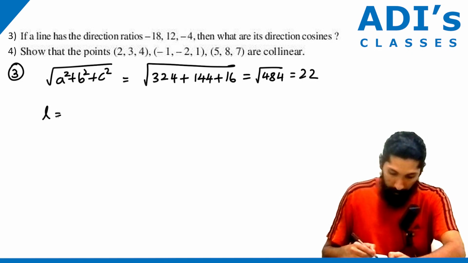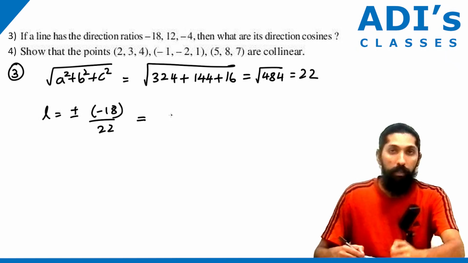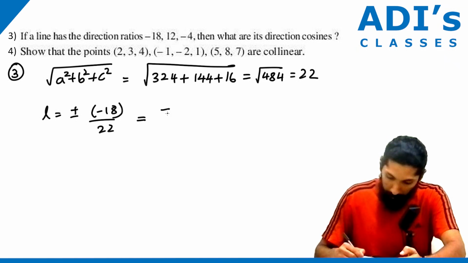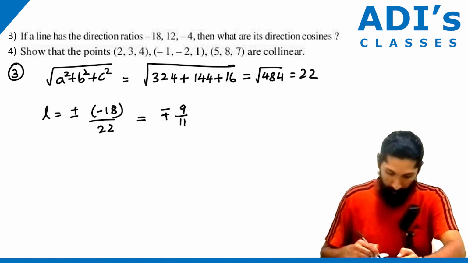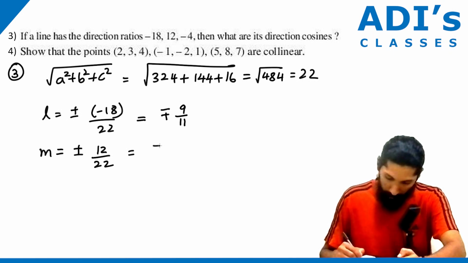l value becomes plus or minus 18 by 22, which is nothing but 9 by 11, minus or plus 9 by 11. Next, m value plus or minus 12 by 22, plus or minus 6 by 11.